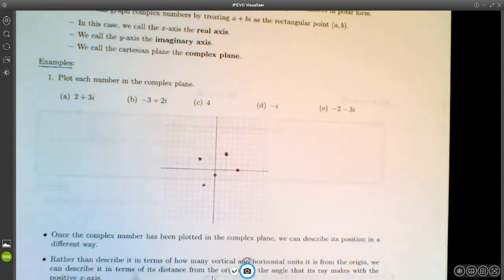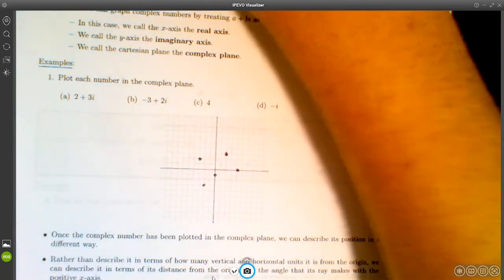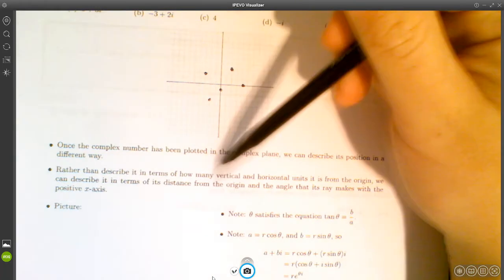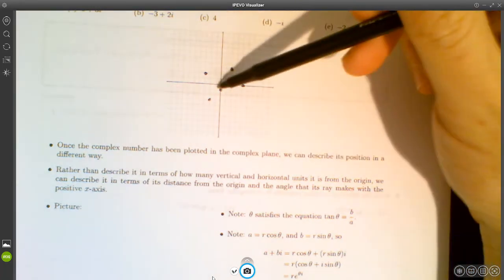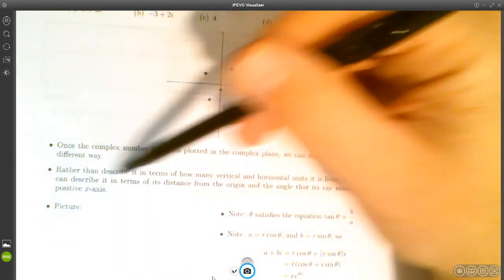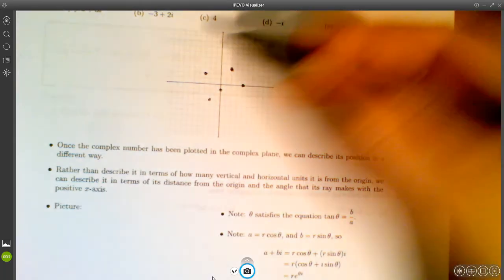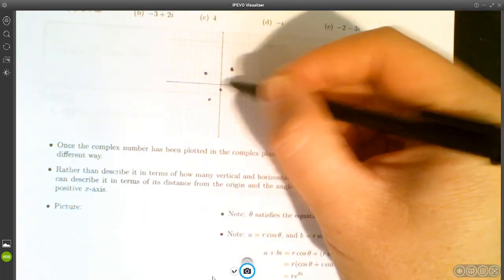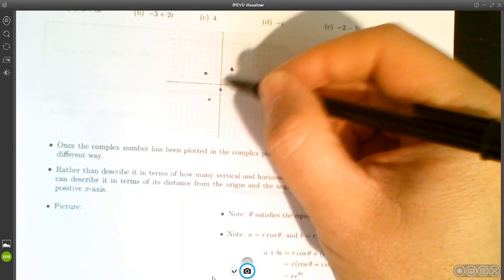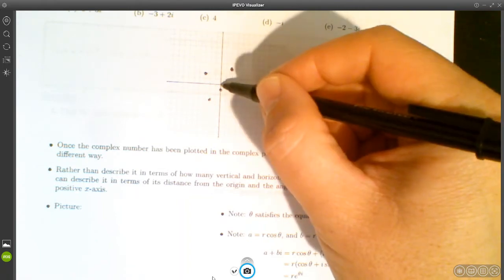Now, once the complex number has been plotted in the complex plane, we can describe its position in a different way. So rather than describe it in terms of how many vertical and horizontal units it is from the origin, we can describe it in terms of its distance from the origin, right? So not its horizontal and vertical distance, but just its direct distance, the direct line from here to here.